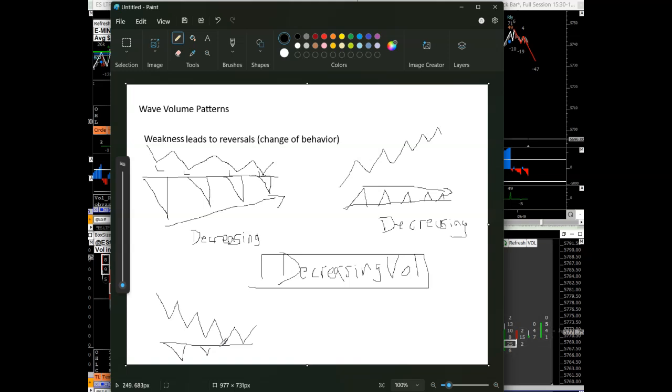It's not decreasing, but if I was to take an average line of volume, this is below average. So this is just lack of selling pressure.